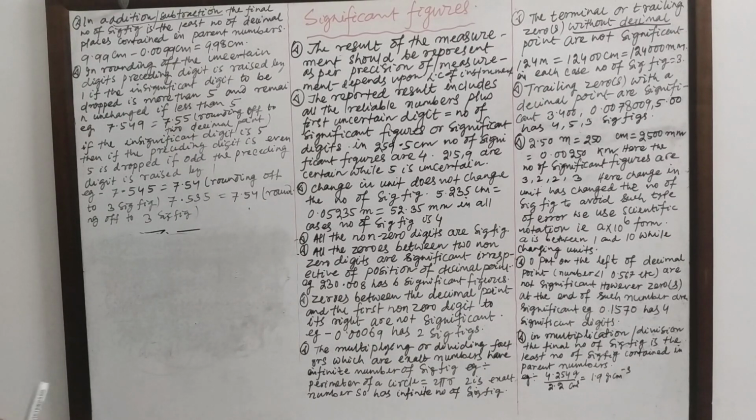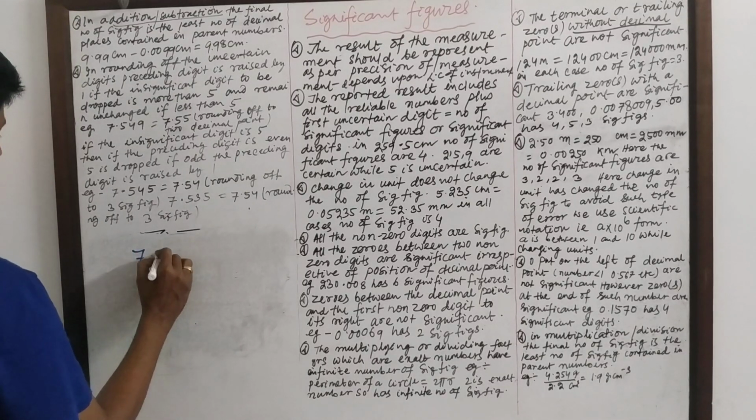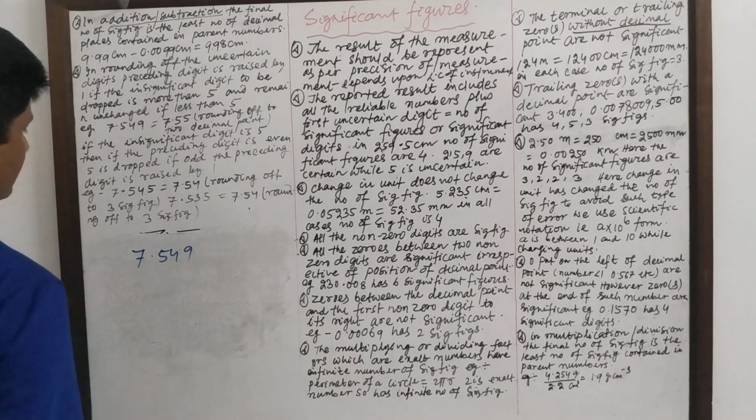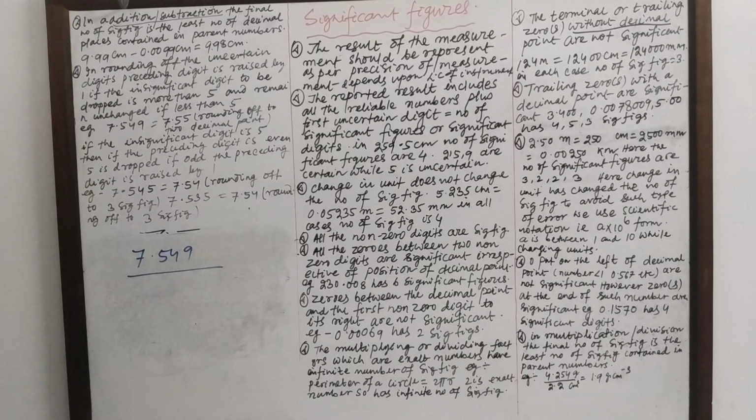Now, the rounding of the uncertain digit. In case of rounding a digit, take an example: 7.549. We are asked to round it up to 2 decimal points.